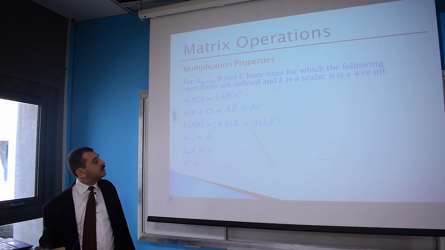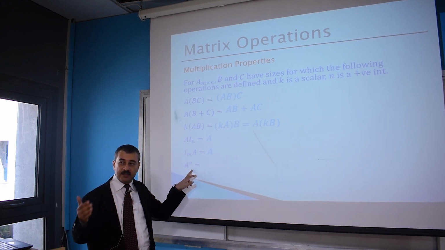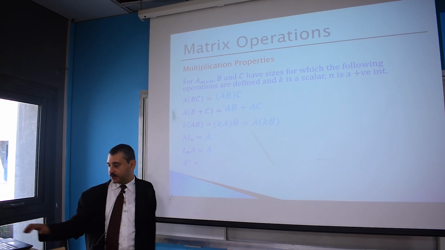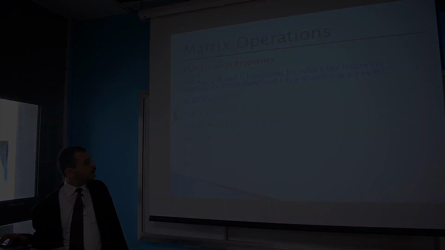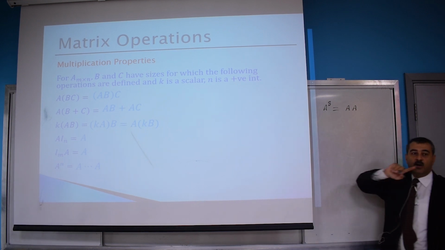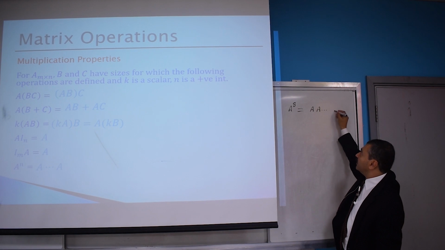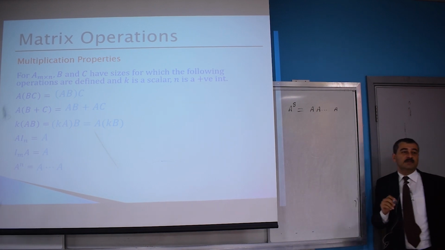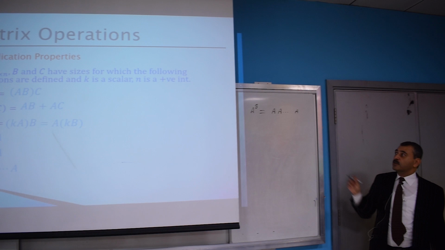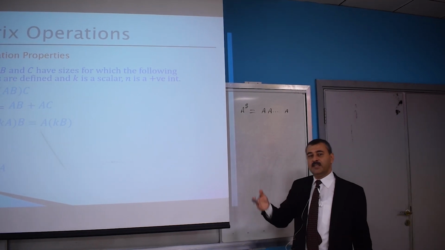And as we said, A to the power n is defined to be A times itself n times, for n a positive integer. So I want to find A to the power 8. How many multiplications are you going to do? Multiply A by itself. So I'm going to do 7 multiplications. Is there a better way?